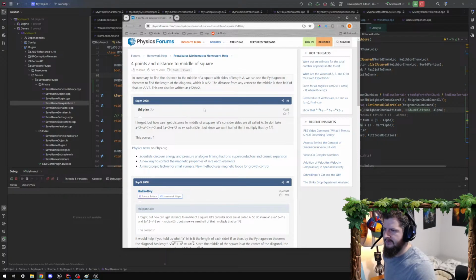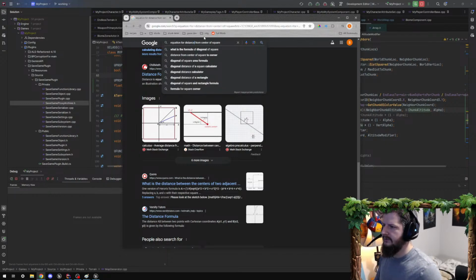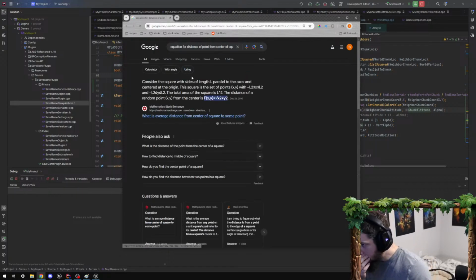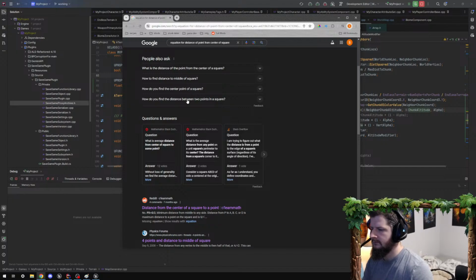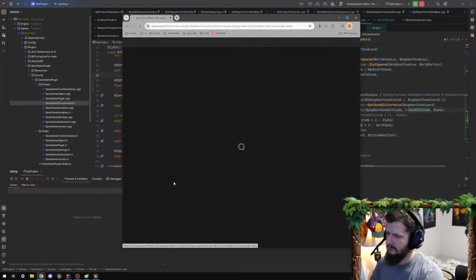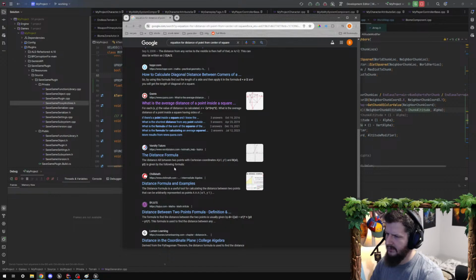Find the distance to the middle of a square. Equation for distance of point. Why can't I find something for this?